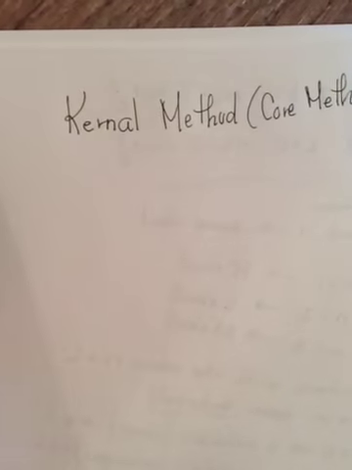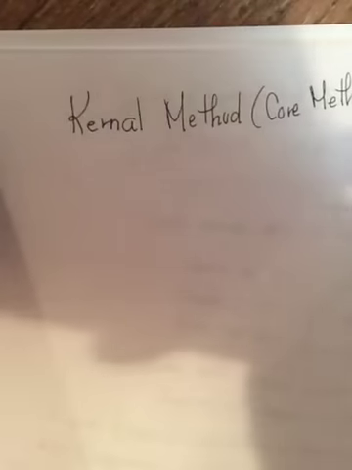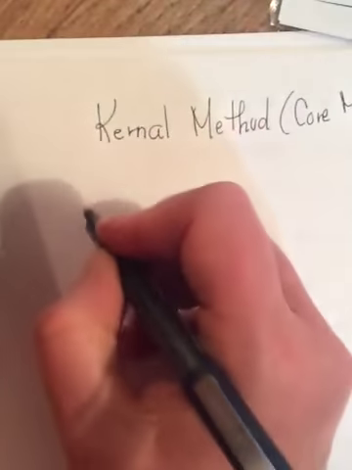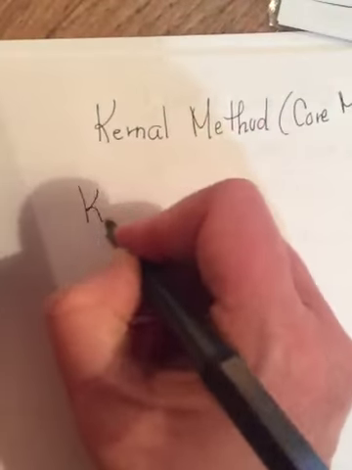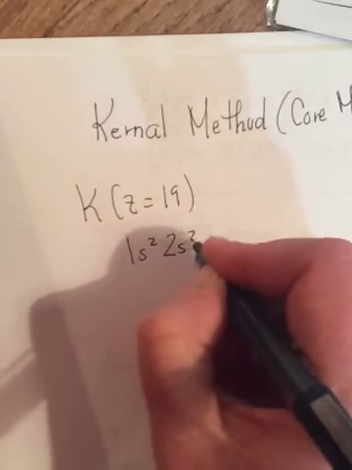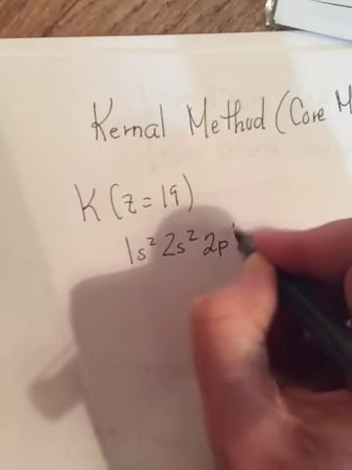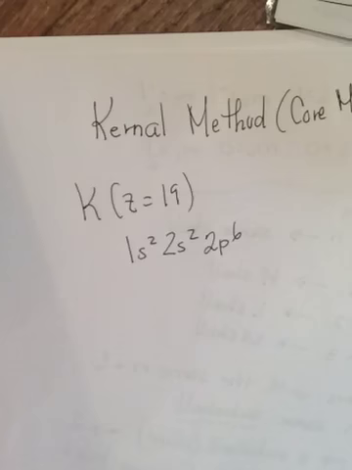And so let's suppose I'm going to pick something that's rather large. Maybe I won't go too big. I'll pick potassium. It's 19. So K, Z equals 19. So you do 1s2, 2s2, 2p6, and then you double check and you say, oh, that's 10.